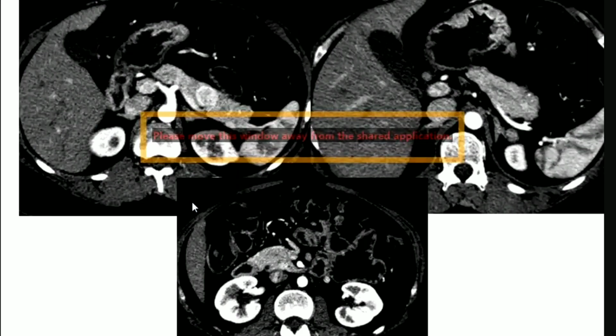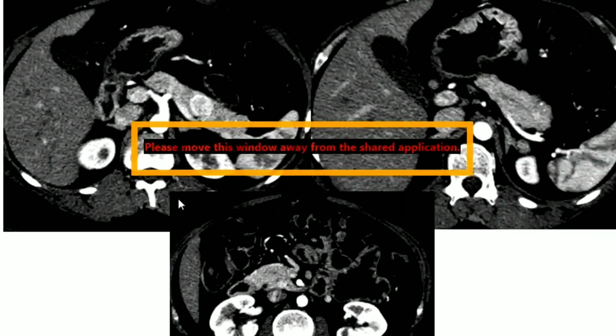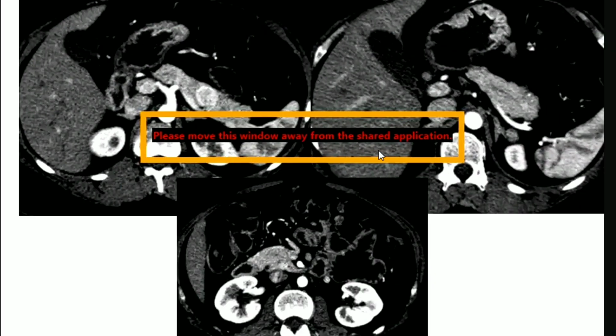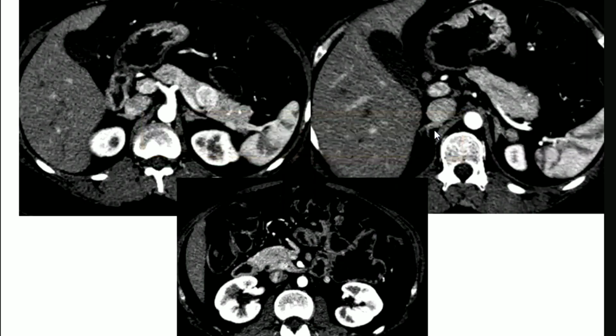I am provided with CT scan axial sections with contrast of the abdomen, and these are the arterial phase images. I can appreciate a hyperenhancing rounded lesion in the body of the pancreas.